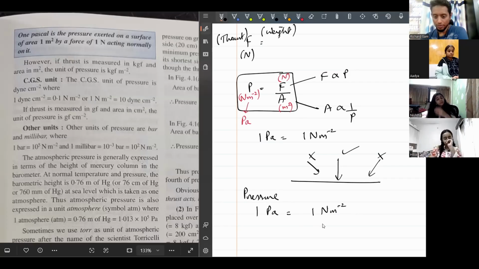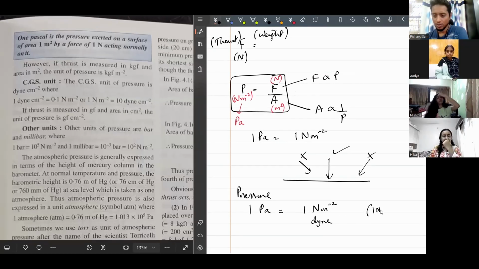So Newton will become dyne. You all know the relationship between Newton and dyne. 1 Newton is 10 raised to 5 dyne. So we're converting Newton into dyne and meter into centimeter. Newton per meter square, when you convert that to CGS unit, becomes dyne per centimeter square.